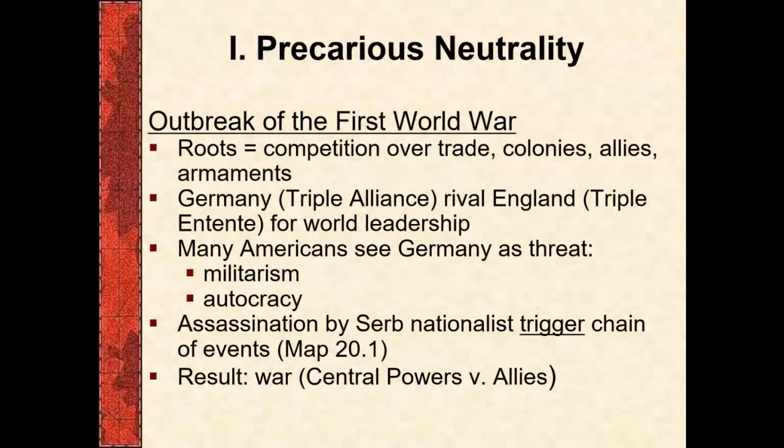So, Germany, Austria-Hungary, later Italy, and the Ottomans formed the Triple Alliance. Okay, but that is what Americans call the Central Powers. England, France, Russia are what we call the Allies. And I know it says Triple Entente.